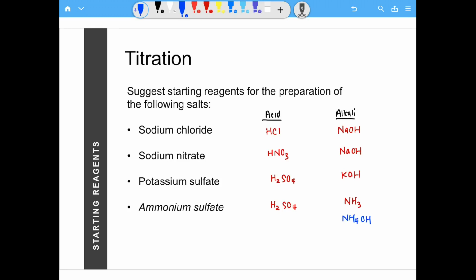However, ammonium hydroxide is not encouraged, the reason being it doesn't really exist. In aqueous ammonia, the majority of the ammonia actually remains as ammonia, as aqueous ammonia, rather than ammonium hydroxide. So in the context of O levels, we would discourage the use of ammonium hydroxide.